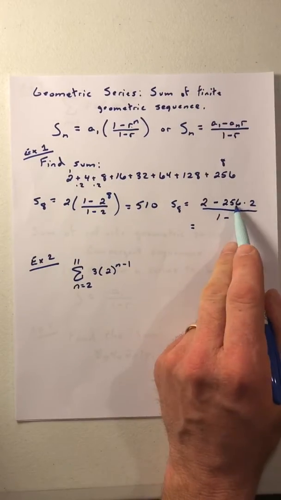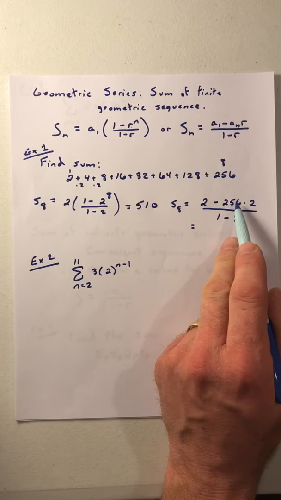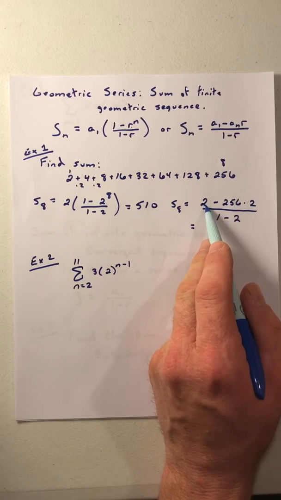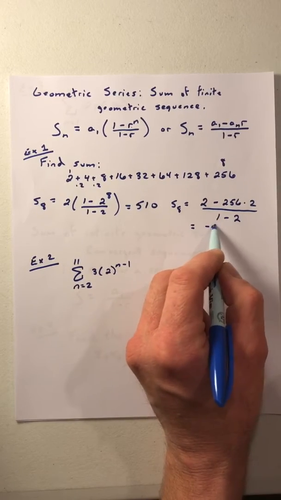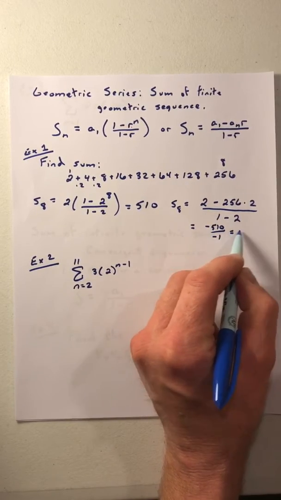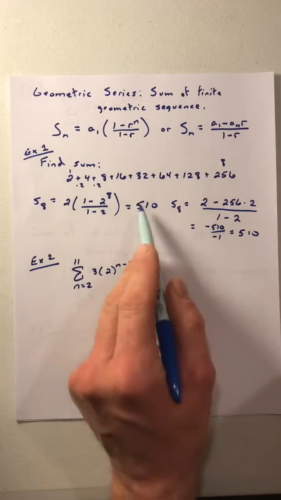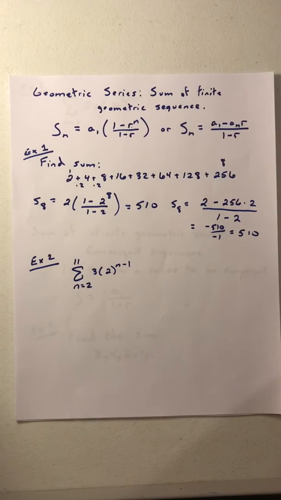In this case, we had 256 times 2, which is 512. 2 minus 512 is negative 510. Divided by negative 1 gives us 510. So notice we get the same answer. Which one do we use? Doesn't matter. Either one of them is pretty easy to do.